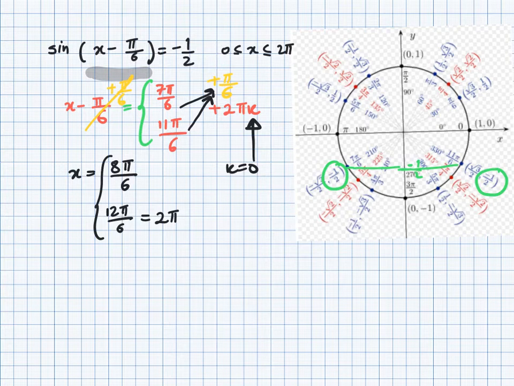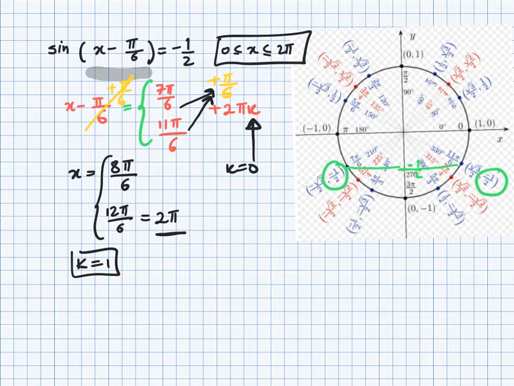So we can see now, if we do substitute k equal to 1, what's going to happen? We're going to have values bigger than 2 pi, and we are not interested in those as they are outside the required domain. So if you want, we can try. Let's try k equal to 1.